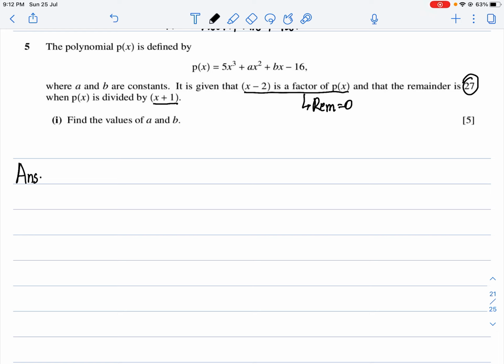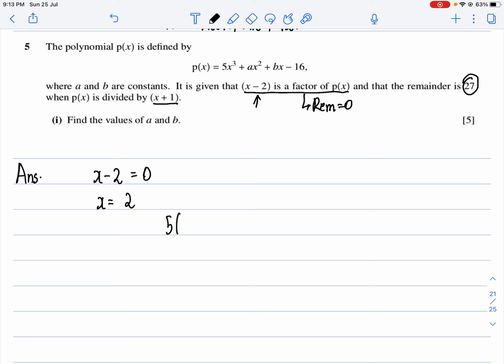So first, let's take x minus 2, correct? That's the divisor, the first divisor. I know it's a factor, so I can use something like the factor theorem. So I can first equate this to 0. I get my x basically as 2. Now I can put this value of x in the p of x.